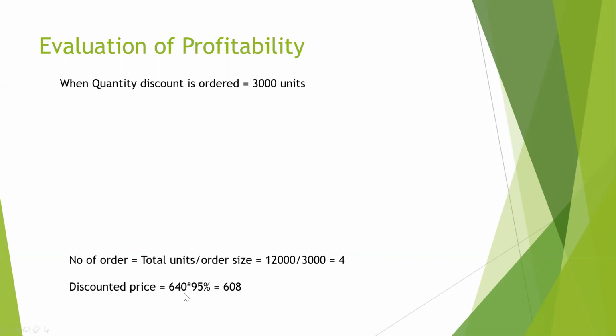And the discounted price will become 640, that was the purchase price per unit, into 95%, giving us 608. That is, we'll have to make 16 fewer orders, and also the per unit price will decrease by 5%. We'll have to pay only 608 rupees for each unit ordered.